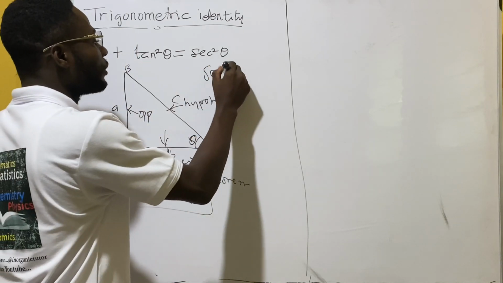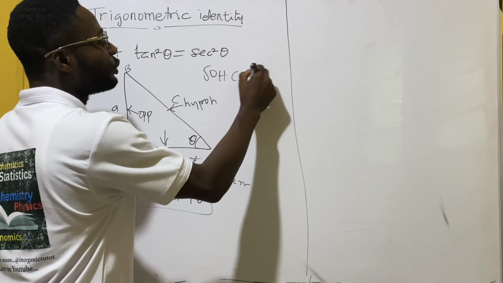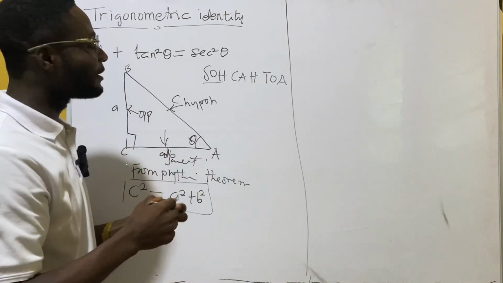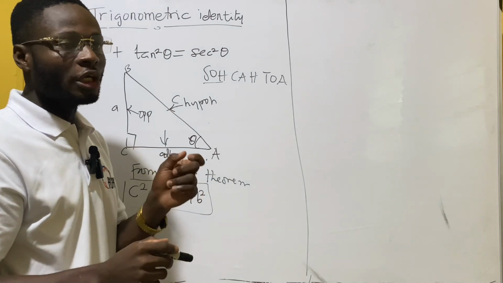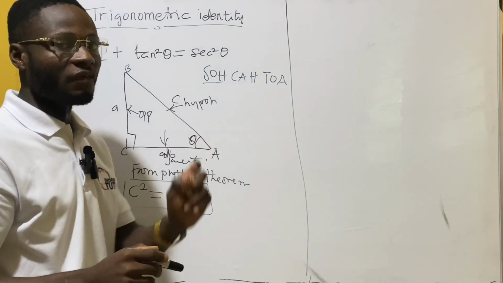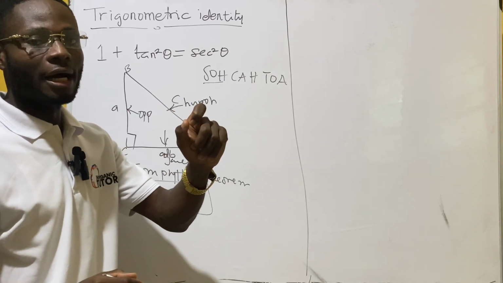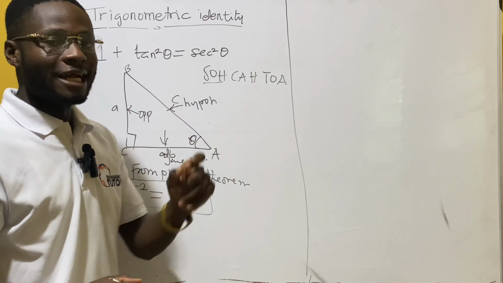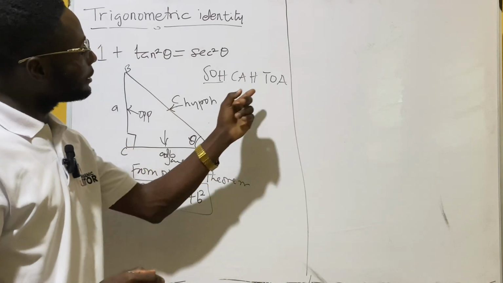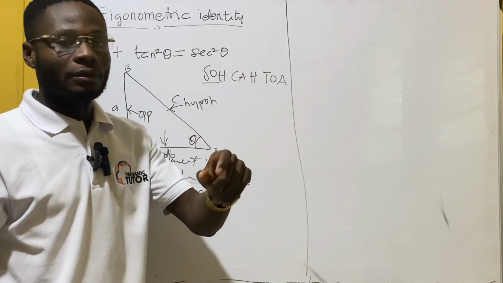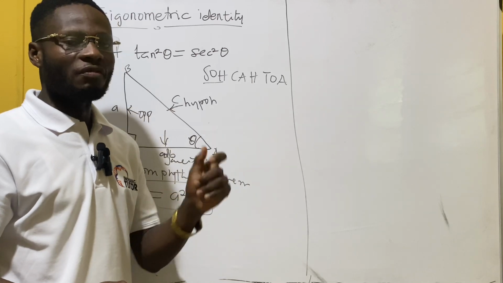Now we know that there is something called SOHCAHTOA. SOH is the sine of a particular angle equals opposite over hypotenuse, CAH is cosine of a particular angle equals adjacent over hypotenuse, and TOA is tan of a particular angle equals opposite over adjacent.